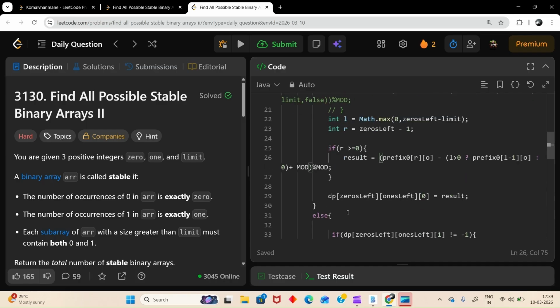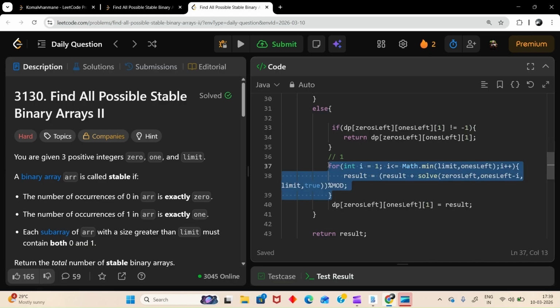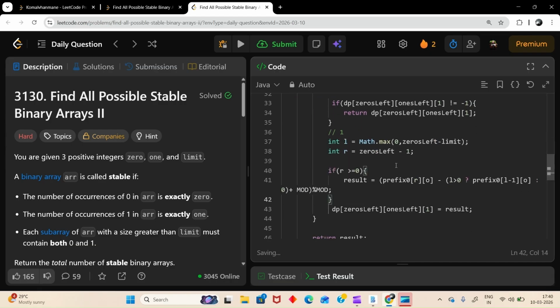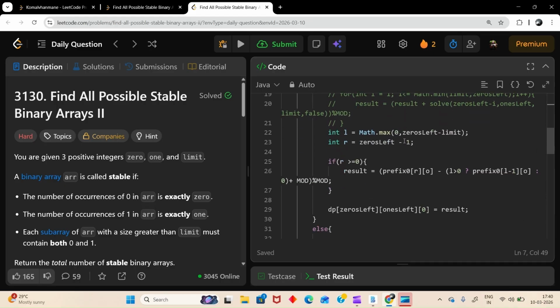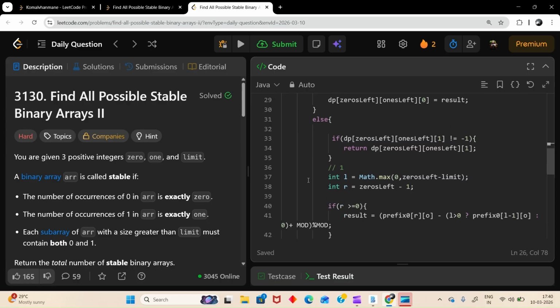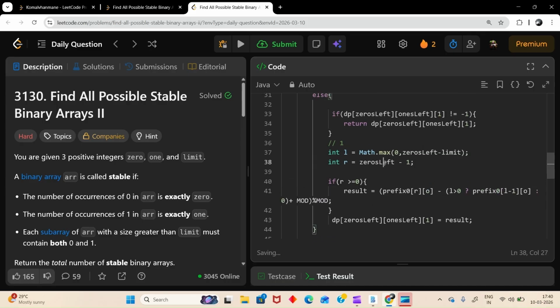In the same way, instead of this for loop, it will be ones left, and not O here. I mistakenly did that, it is ones left. Now here we'll use zeros left.